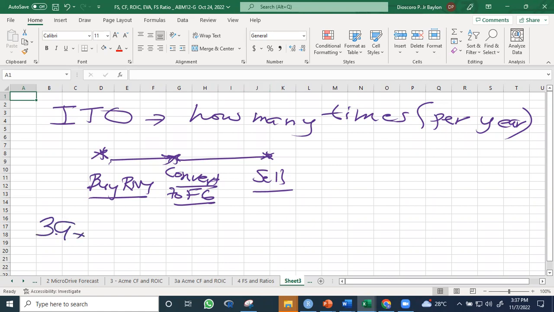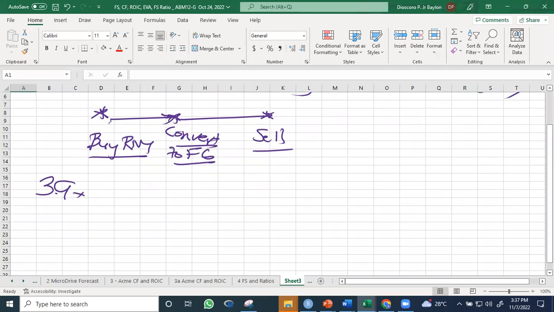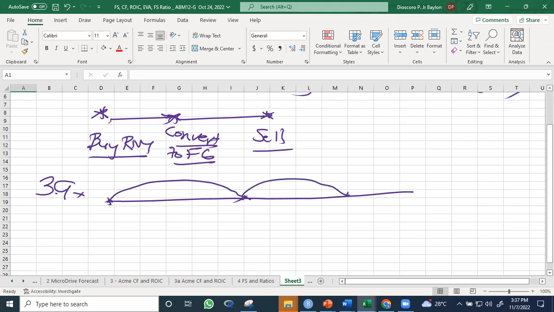So let's draw that so that it's clear to us. So what does this mean? Buy raw materials at the beginning of the year, convert to finished goods, sell. That's 1. Do the process again, 2.